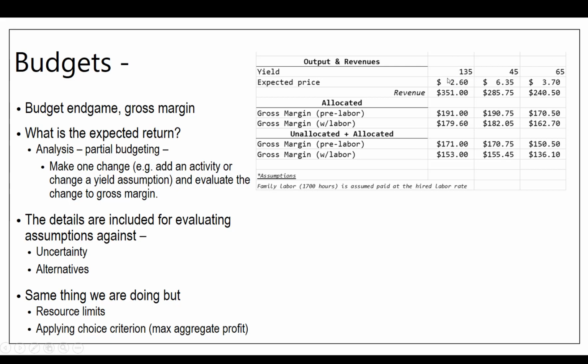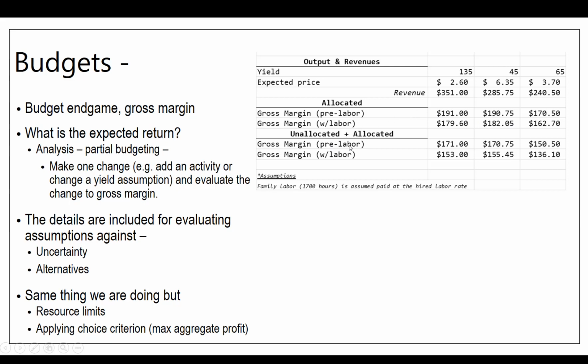And so we had these yield and price assumptions that build out the revenue side of this model. And then collectively we had the allocated costs. So all the costs before labor included made this 191, 190.75, and 170 and a half.